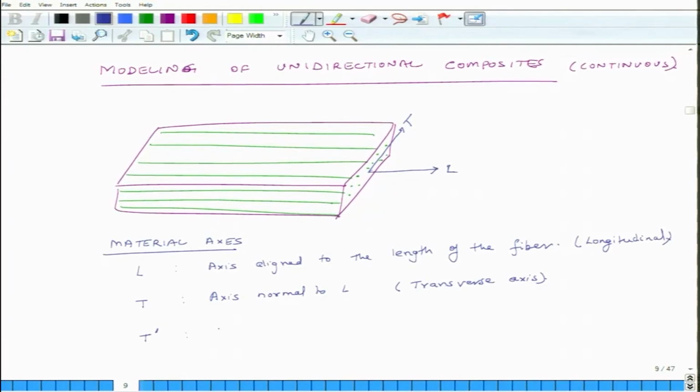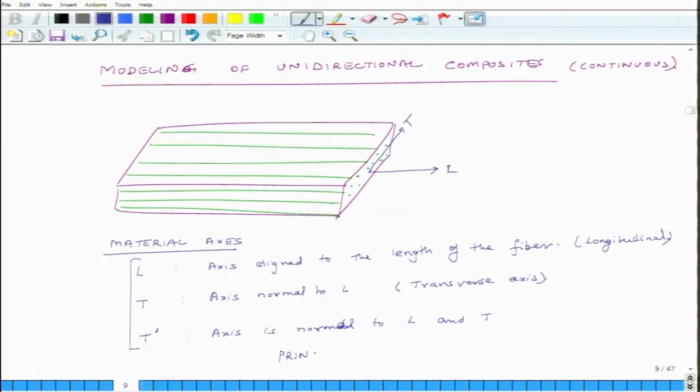This axis is normal to L and T. So, these are material axes and we also call them principal material directions.